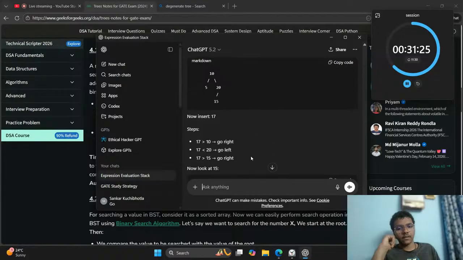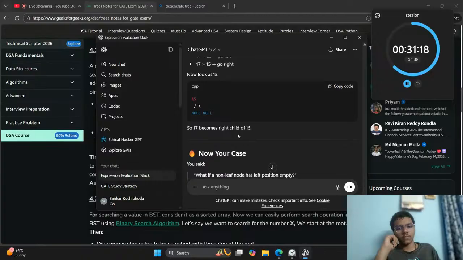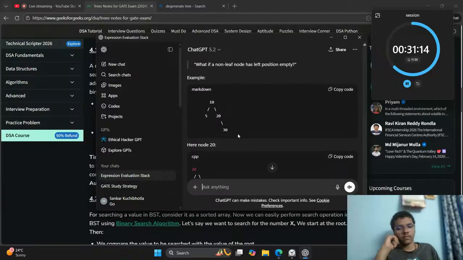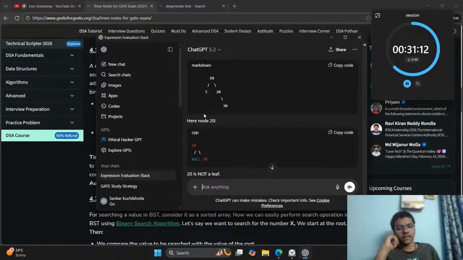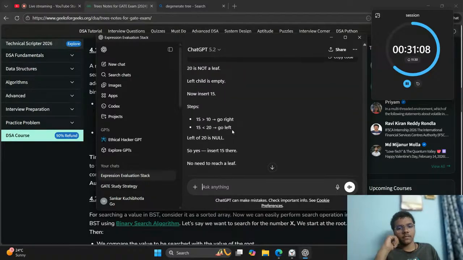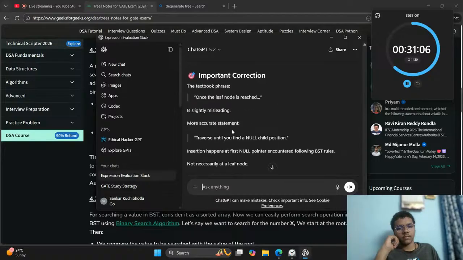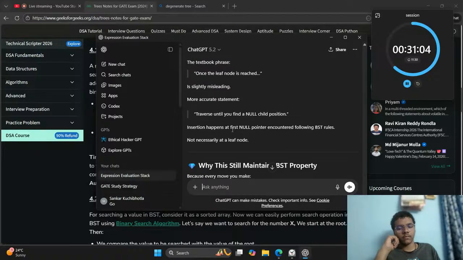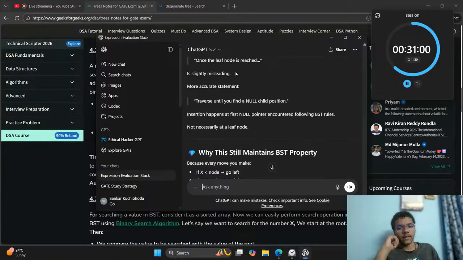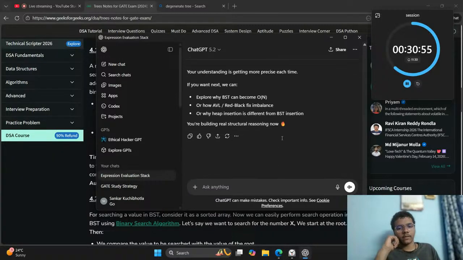Yeah, exactly. Suppose we need to insert 17. Yeah, this one. 20 is not a leaf. Yes, it is slightly misleading. So we have understood it.